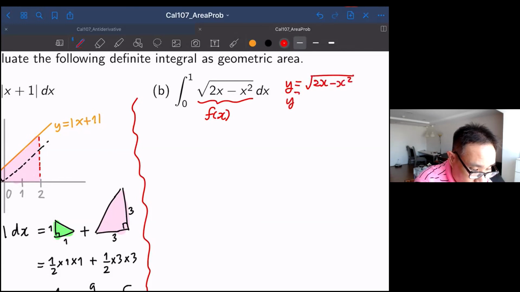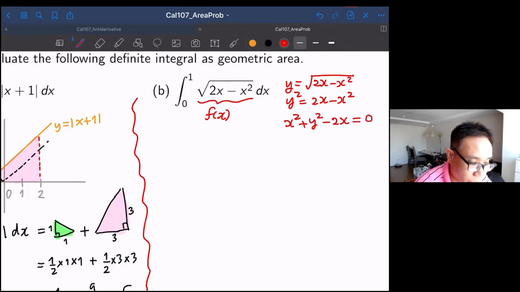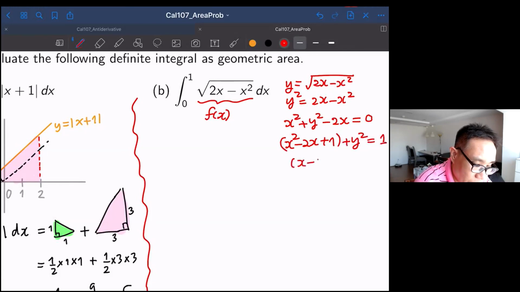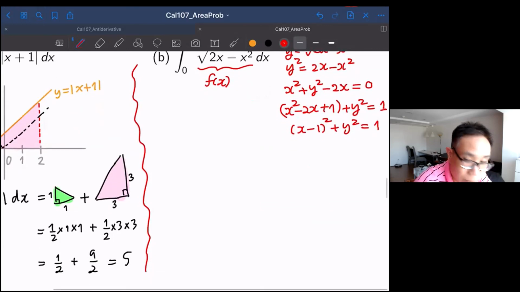So you get y squared equal to 2x minus x squared. So you get x squared plus y squared minus 2x equal to 0. And this will be x squared minus 2x plus 1 plus y squared equal to 1. So you have (x minus 1) squared plus y squared equal to 1.